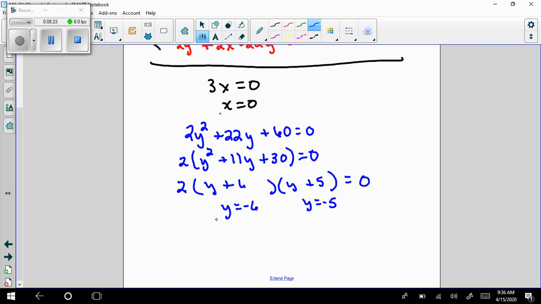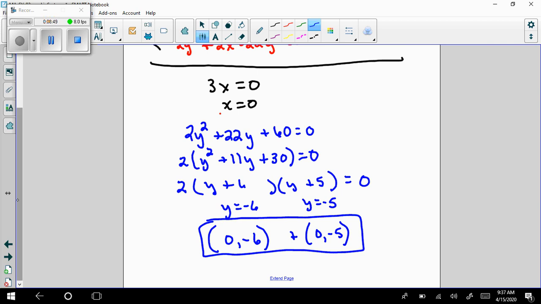So I have two solutions. I have 0, -6 and 0, -5. So pretty much two parabolas intersecting at 2 points.